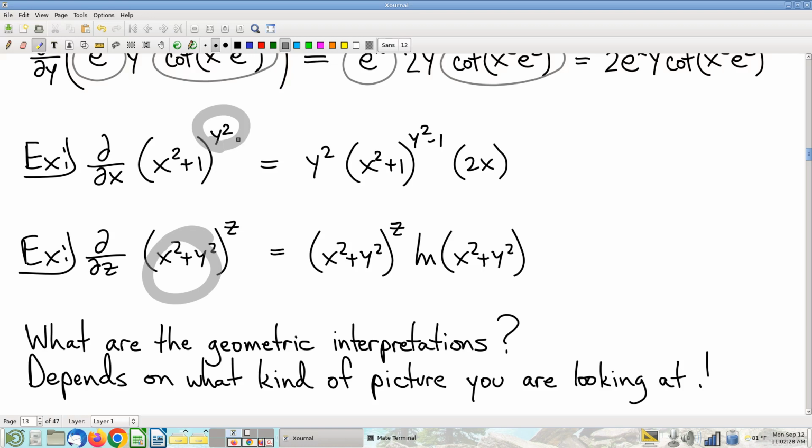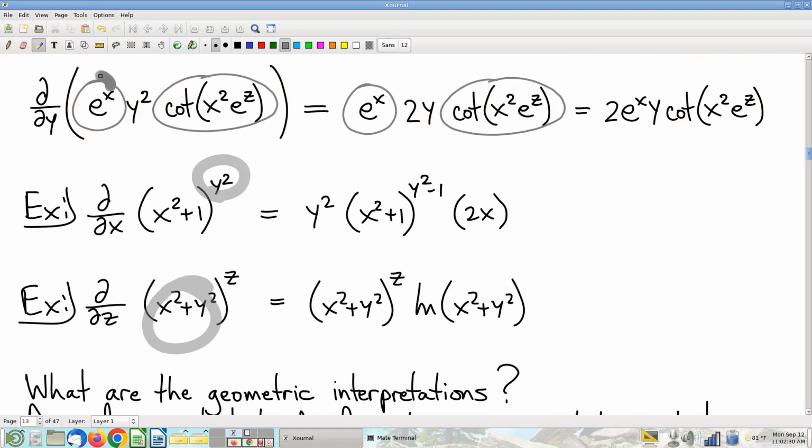I get to treat large parts of my function that I otherwise would have to deal with as constants. It feels like cheating in a way, right? So anyway, the easiest to compute that I am aware of. And that's a great thing.